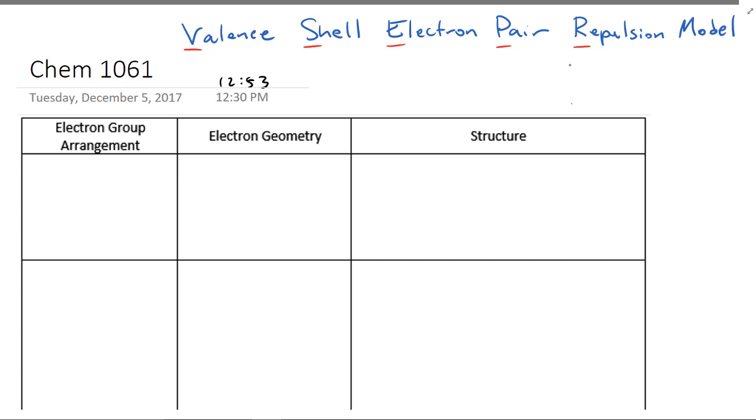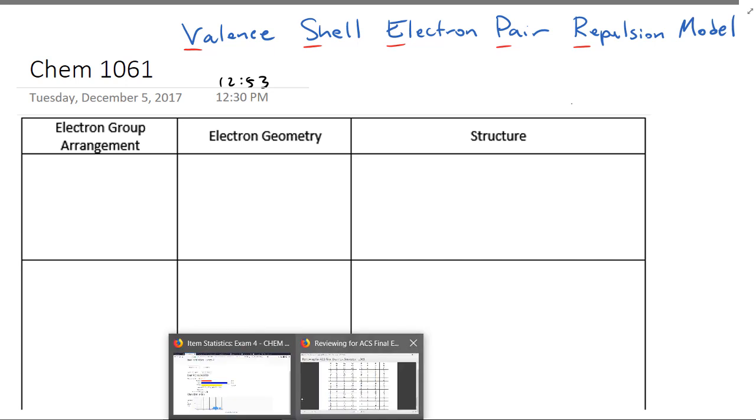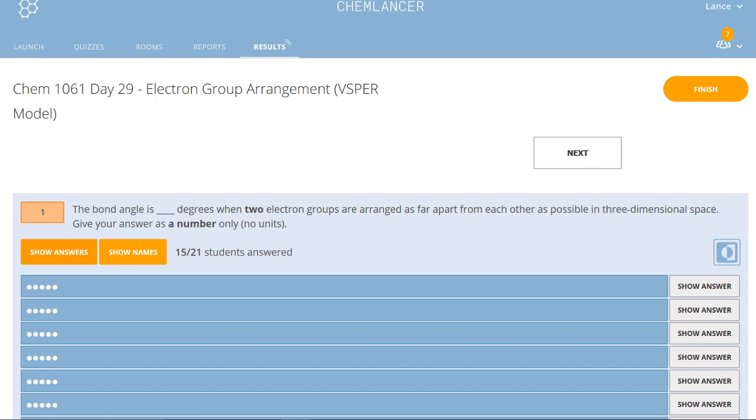So as you came in here today, even though we hadn't talked about this topic, there was a question waiting for you on the Socrative app. The question says that the bond angle is blank degrees when two electron groups are arranged as far apart from each other as possible in three-dimensional space. So one of the ways we can talk about it is to look at this.